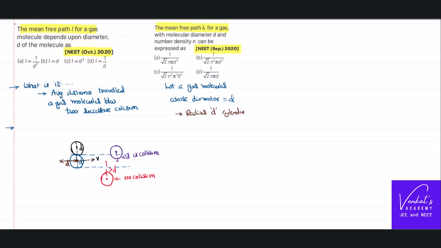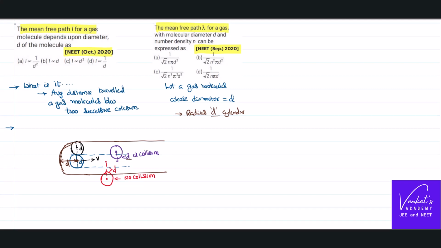Taking that as a periphery around it, if I draw a cylinder like this, our gas molecule that I have drawn in blue color, moving with a velocity v, will have collisions with all the gas molecules within the cylindrical region, because the distance between them is less than d, as I have told you, r equal to d.